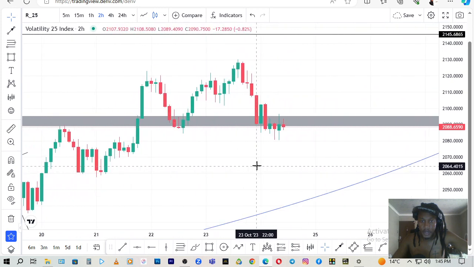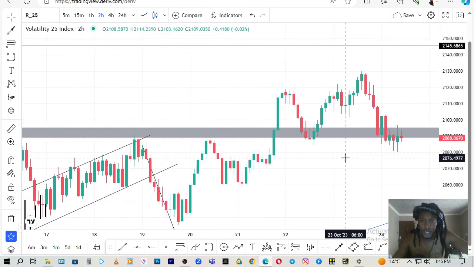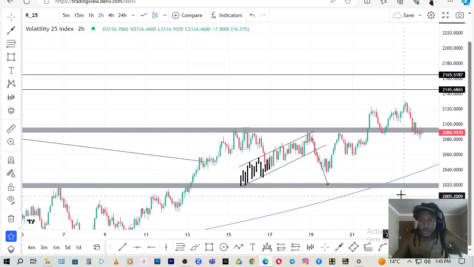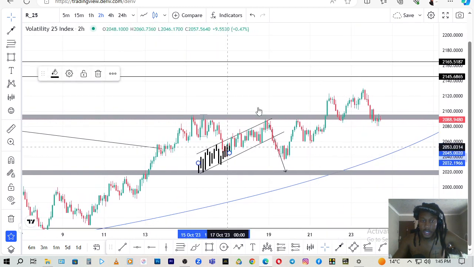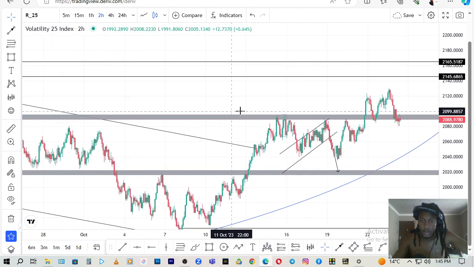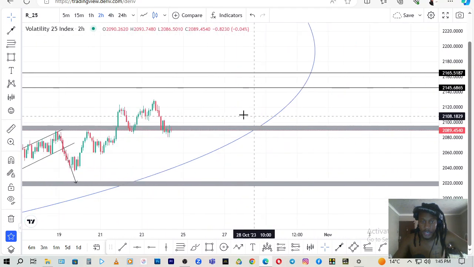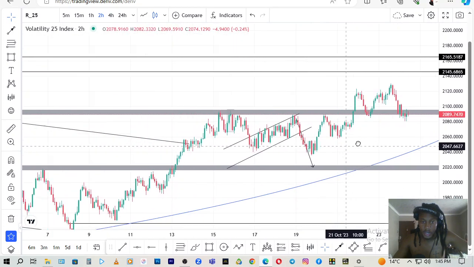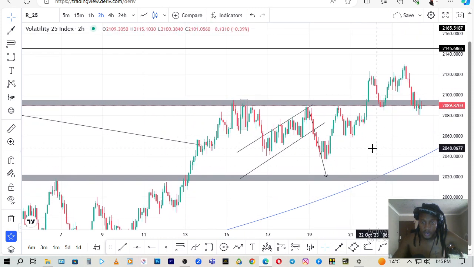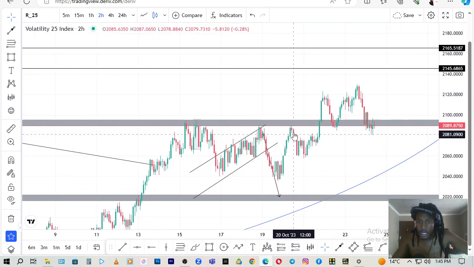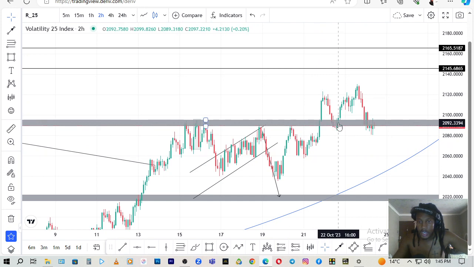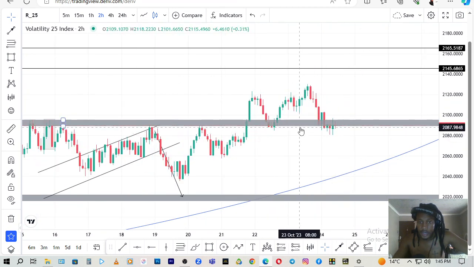So at the moment, we know that we're in an uptrend, right? We know that we're inside this uptrend. Higher low, higher high, higher low, higher high, higher low, higher high, higher low.